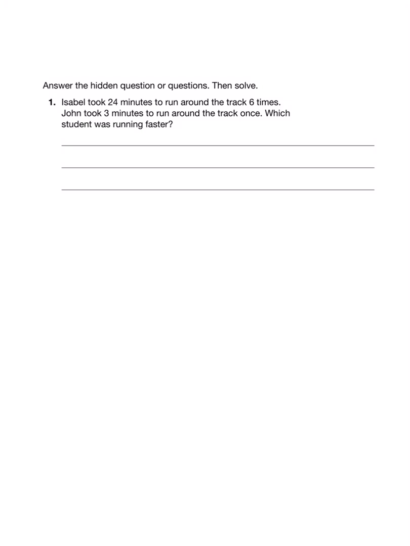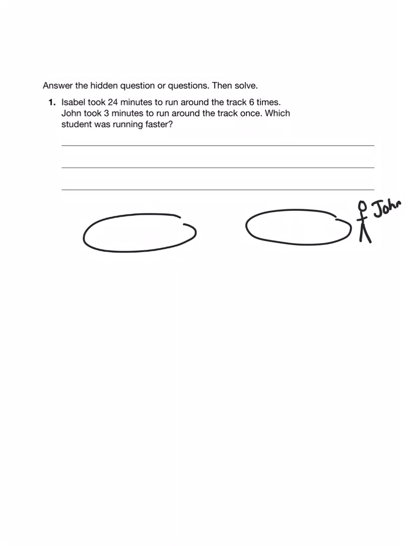So here we need to think about the information that we are given before we can figure out what the hidden question is. So in order to do this, I'm going to draw a picture to represent what we're told. I've drawn 2 running tracks, and one is going to represent John's running time, and the other one is going to represent Isabel's running time.